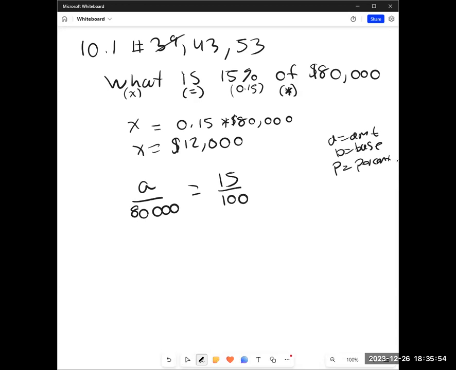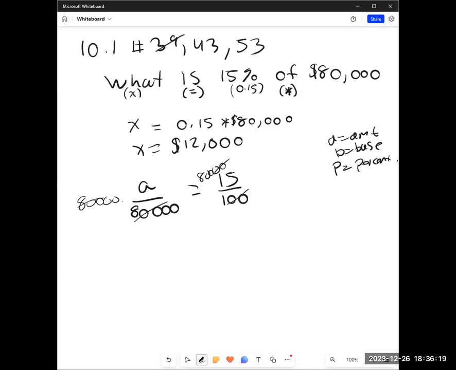And then I can solve it as a proportion where I cross multiply and solve for A, or I can see that I just need to multiply both sides by 80,000 to clear this denominator. Then 80,000 divided by 100 is 800, and then 800 times 15 is going to be 12,000.